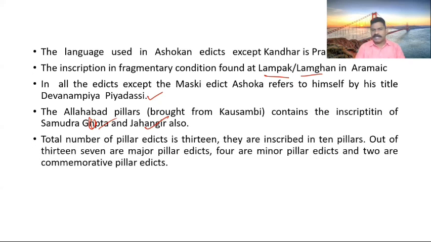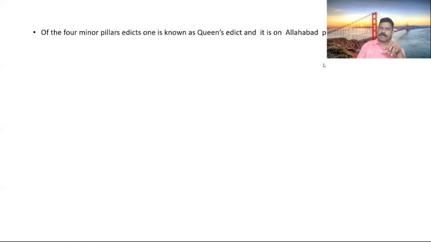The total number of pillar edicts is 13, originally inscribed on 10 pillars. Out of 13, 7 are major pillar edicts, 4 are minor pillar edicts, and 2 are commemorative pillar edicts.